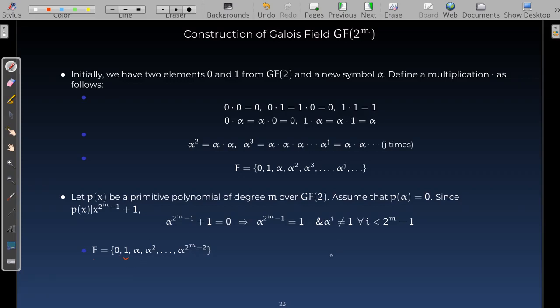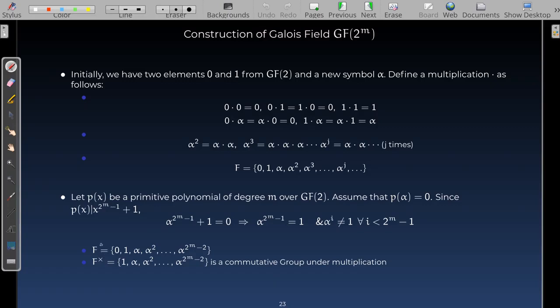So 1 is generally written as alpha^0, or it can also be written as alpha^(2^m - 1). You can see that this is going to be a commutative group under multiplication. If we multiply any two of these elements, we will get an element in the field, and it's also going to be commutative.